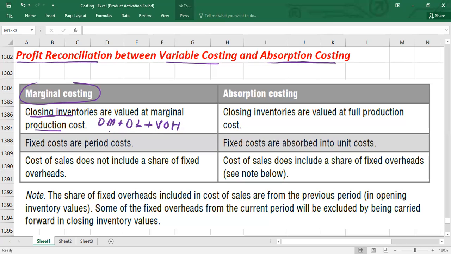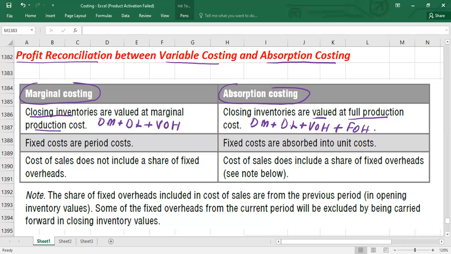So these are all production cost, but it includes only variable production cost. But on the other hand, under absorption costing, closing inventories are valued at full production cost. When we use the word full production cost, it includes the cost of direct material plus cost of direct labor plus cost of variable overhead plus cost of fixed production overhead.